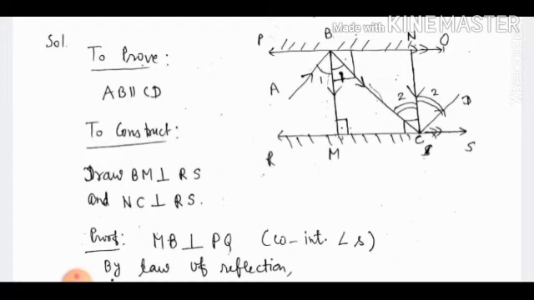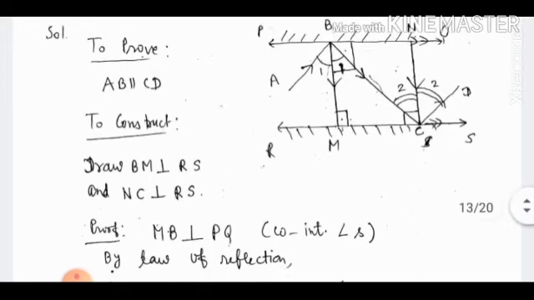It is given PQ is parallel to RS. BM is the transversal, angle BMS is equal to 90 degrees. That's why angle MBQ is equal to 90 degrees, because they are consecutive interior angles. That's why MB is perpendicular to PQ.